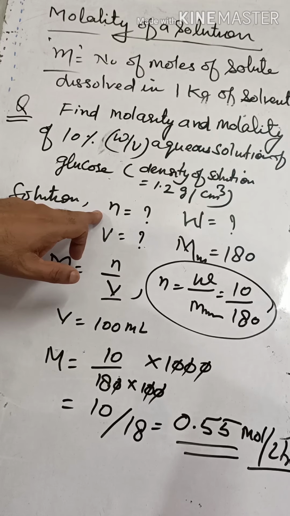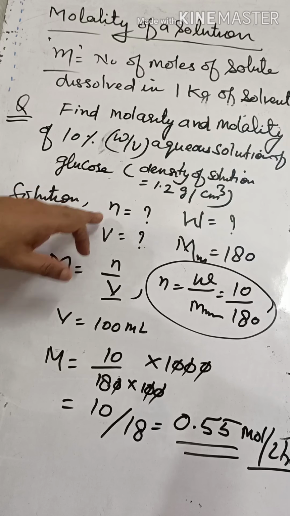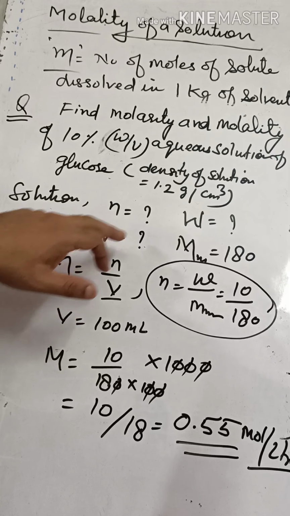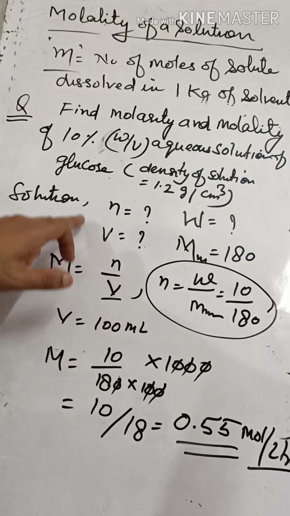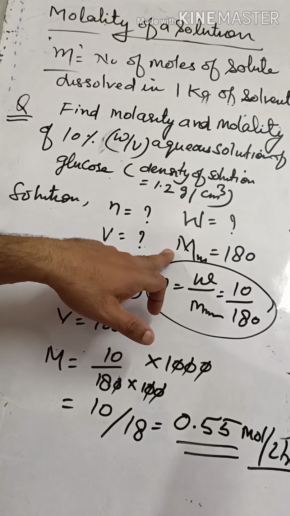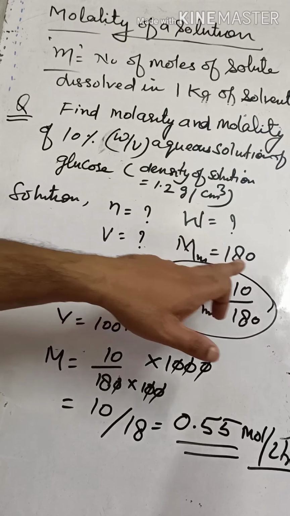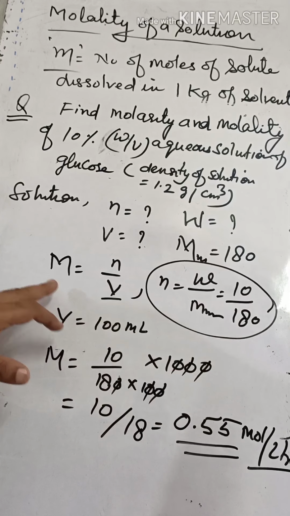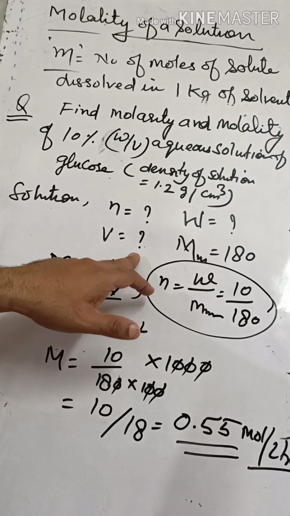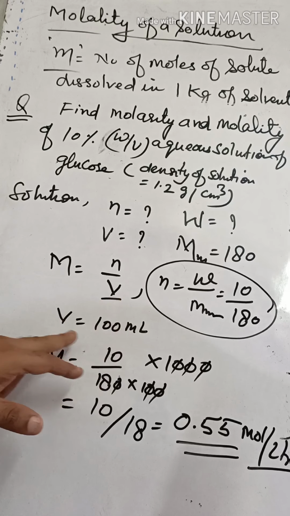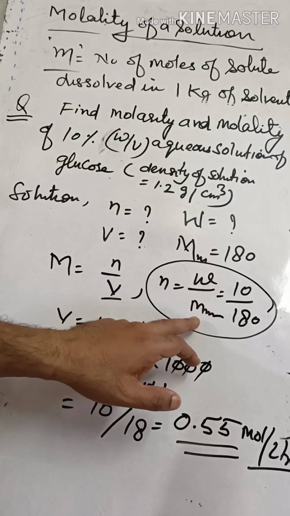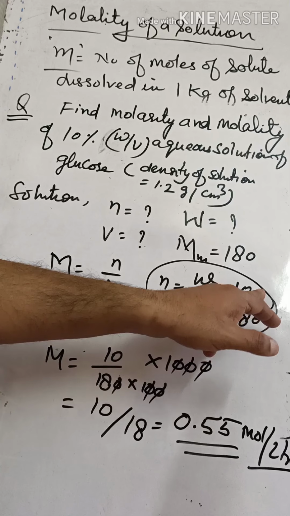Again, number of mole we require, volume of solution we require. For the molarity, molar mass of solute glucose is 180 gram per mole. So formula of molarity: number of mole, and we need volume in liter. Number of mole is amount of solute by molar mass, amount of solute 10 gram.